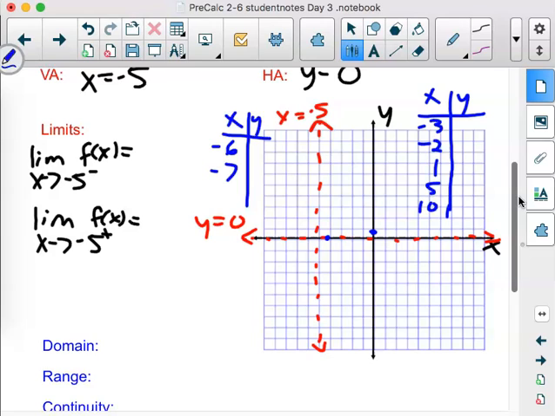At -6 and -7. -6 is -9. -7 is -3.5. Now, because this one is unique, I want to go ahead and put those on and take a look at what's going on. And I realize that's quite a distance away from my vertical asymptote.